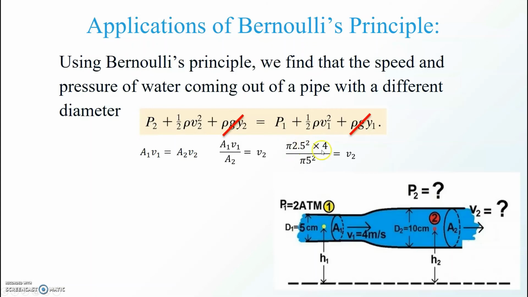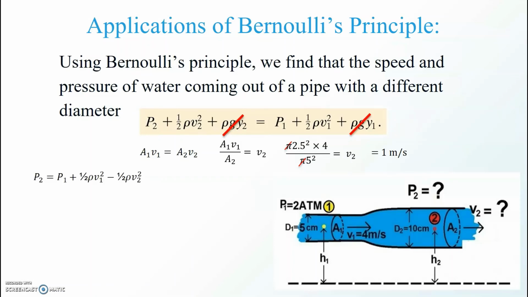So pi r squared over 5 pi times 4. Our pi's actually cancel out. That's nice and convenient. And so it just becomes 2.5 squared times 4, which is the velocity initial of the water, over 5 squared, and that gives us a velocity of 1 meter per second. So that water comes in at 4, leaves at 1.